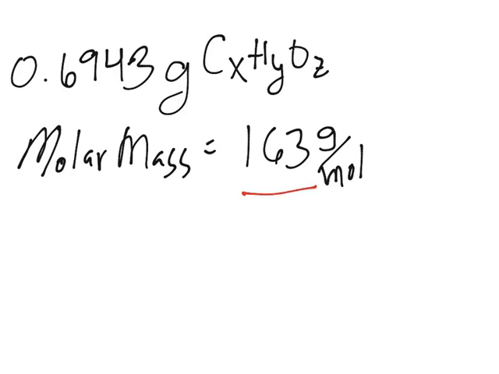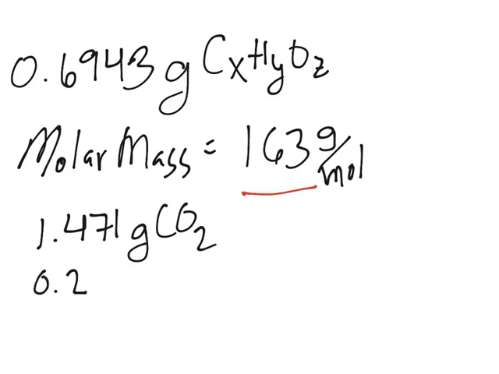And now, in the first part of the problem, this problem is divided into 3 parts. They tell us that we have a mass of 1.471 grams of CO2. So we have the mass of the CO2 already. And 0.226 grams of water. And the question is to find the empirical formula and molecular formula of this compound.